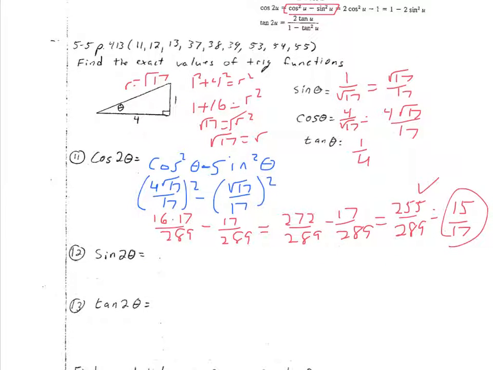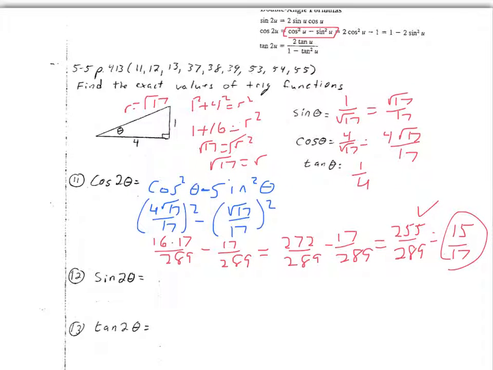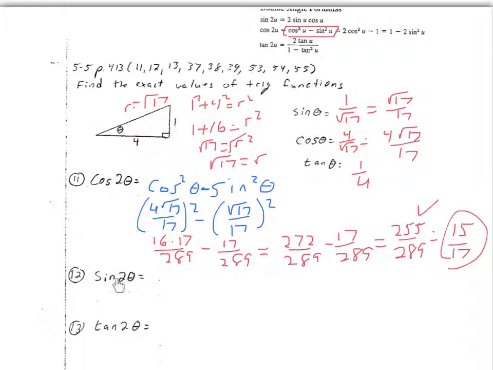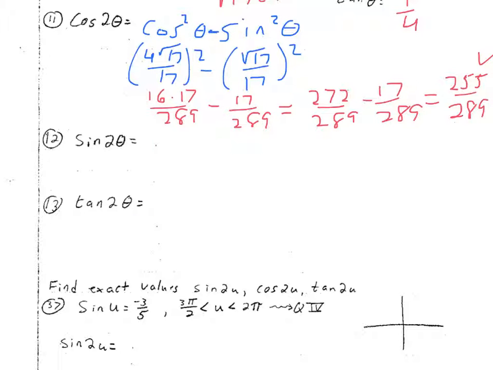To do the sine of 2u, we're going to have to use the sine of 2u formula, which is going to be 2 sine u cosine u. So that's the first thing I'm going to do, is write that down. So now my formula is 2 sine, and I'll use theta instead of the u, times the cosine of theta.